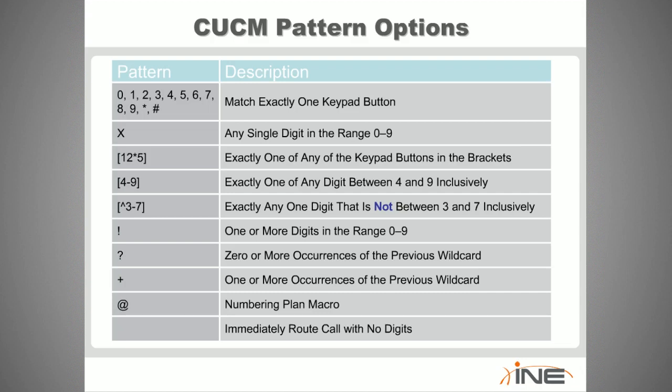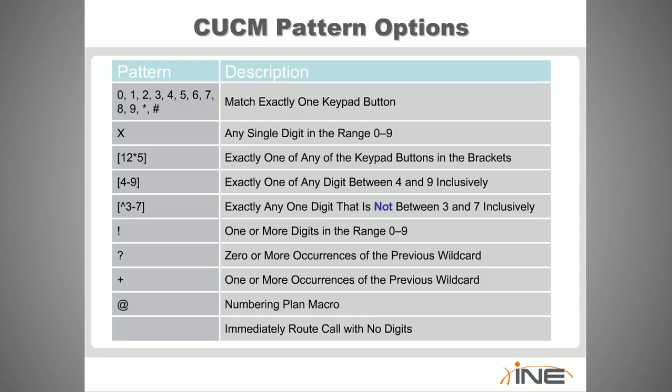And then 4-9 is exactly any one of the digits between, so 4 and 9 included, and also 5, 6, 7, 8. Then we have one that most people don't typically think of. If you've done any work in IOS, whether on SIP or H323 gateways, you've probably seen the caret symbol as a regular expression that denotes the beginning of a string.